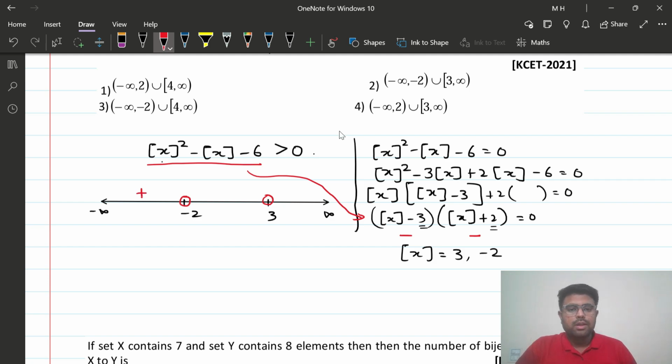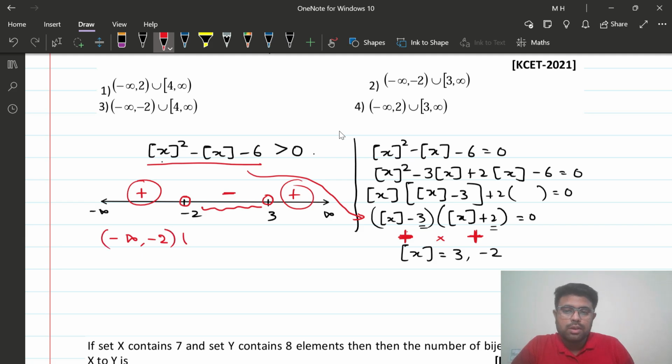Now when x is greater than minus 2, in this region, this is going to be positive, but this is still going to be negative. So minus into plus is going to be minus, so here it is going to be negative. And after 3, of course, this is also positive and this is also positive, so it is positive. So therefore in this interval and in this interval it is positive. So therefore the interval is going to be minus infinity to minus 2 open, union 3 to infinity open.